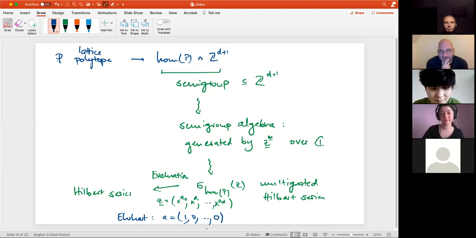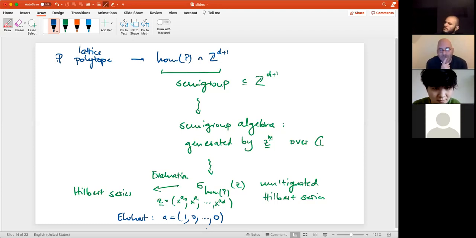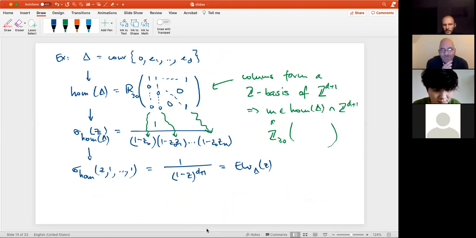Other questions before our coffee break? Yes, I have a question. In this example, we had a very nice matrix, and it was easy to find the sigma function.